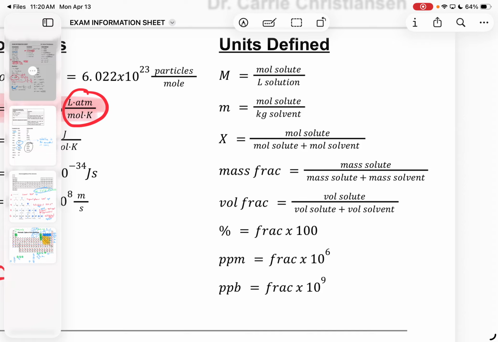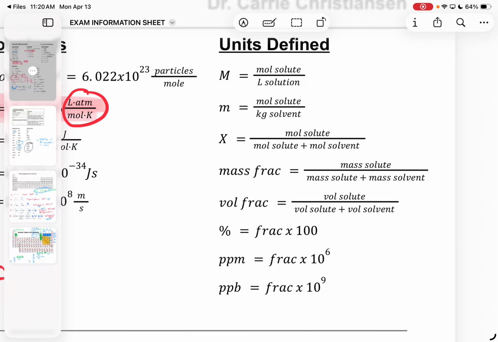They all are basically the same thing. It's solute over solute plus solvent for all of them, but in this one it's moles, this one it's mass, and that one's volume. So you would use grams here. Technically you could use grams or kilograms because they'll cancel out anyways. Usually we use grams here and milliliters there. If it says mass percent, that would be the mass fraction times 100.